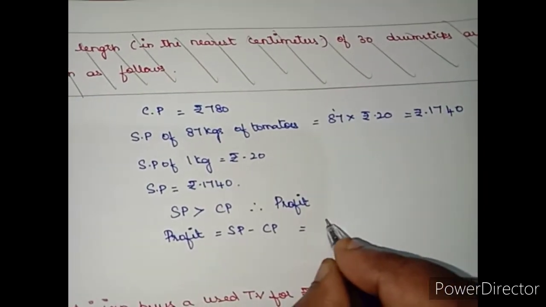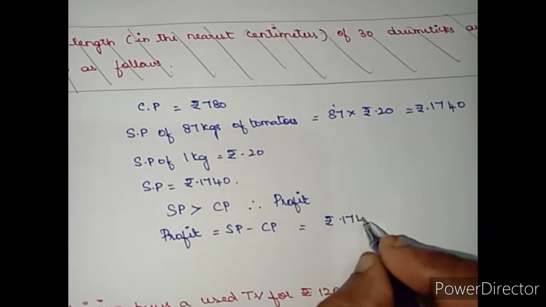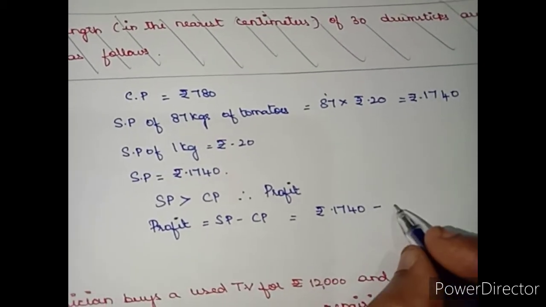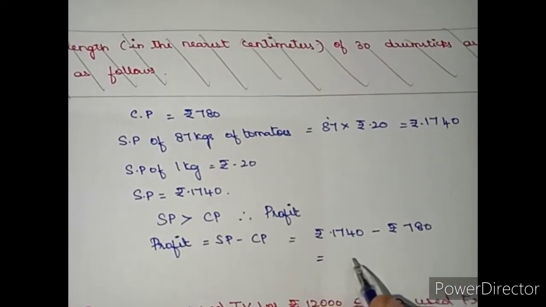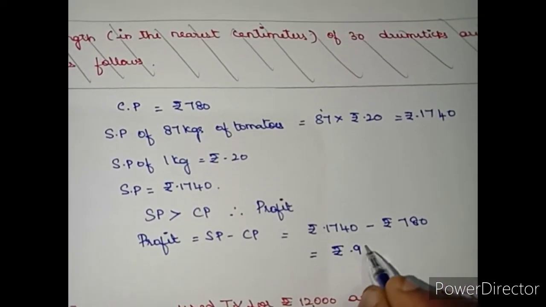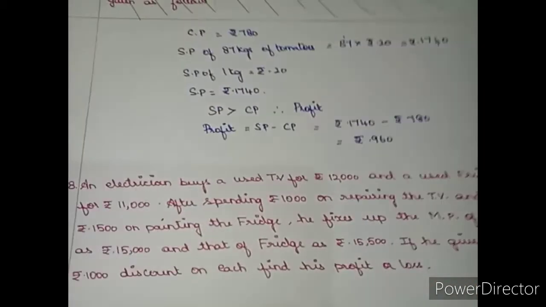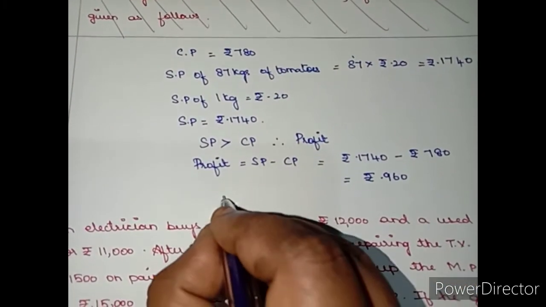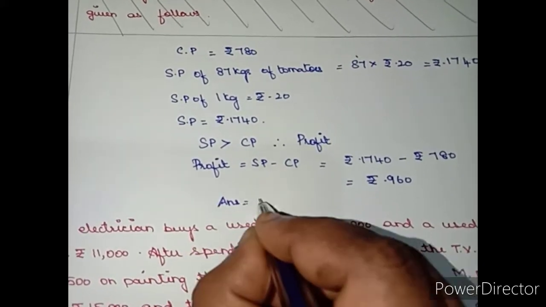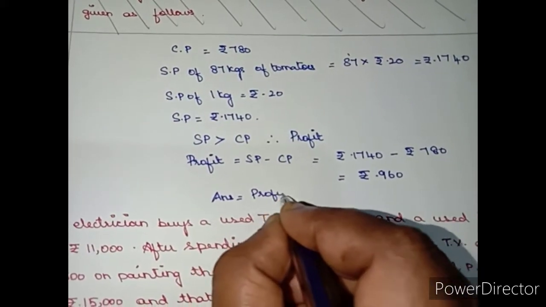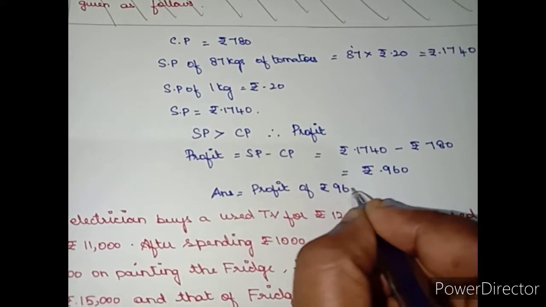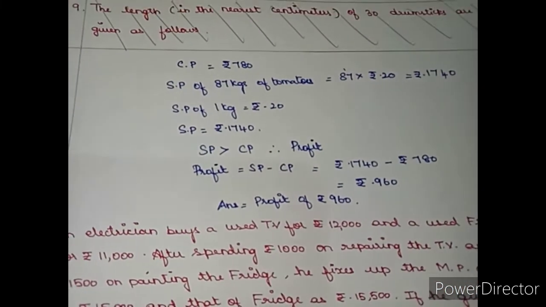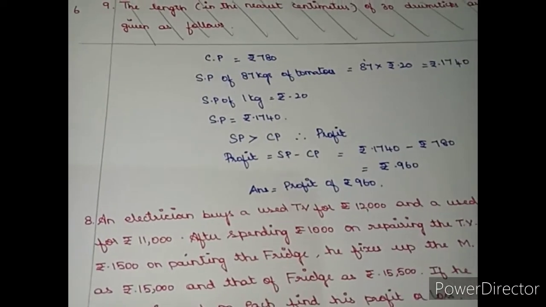That is rupees 1740 minus rupees 780. It is rupees 960 rupees. The double amount he is getting. Okay, so what is the answer? Answer is a profit of rupees 960. Okay, we'll go with the next question.